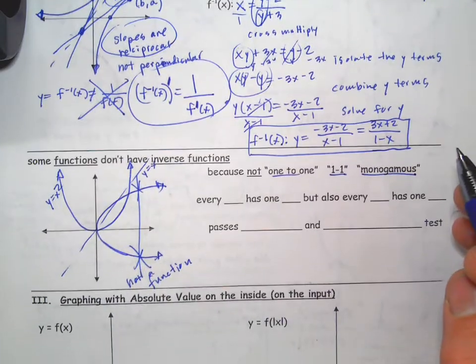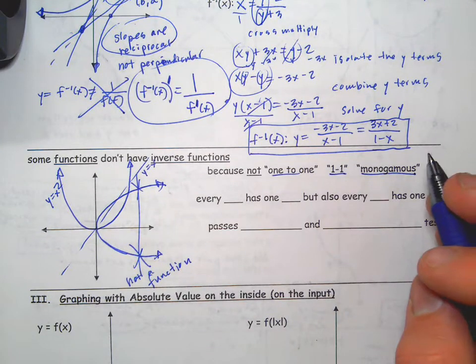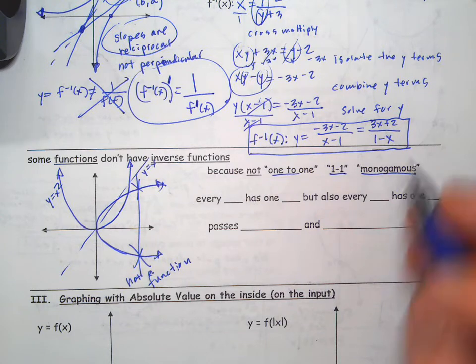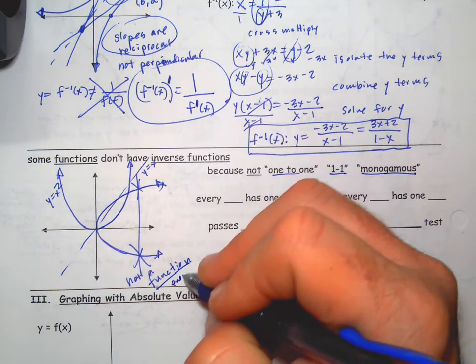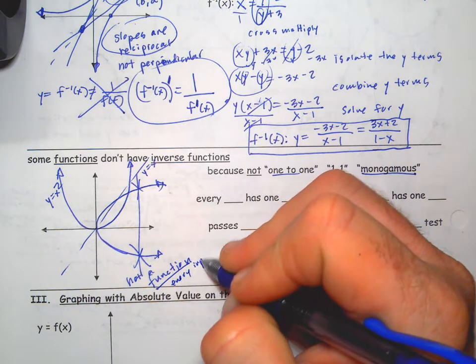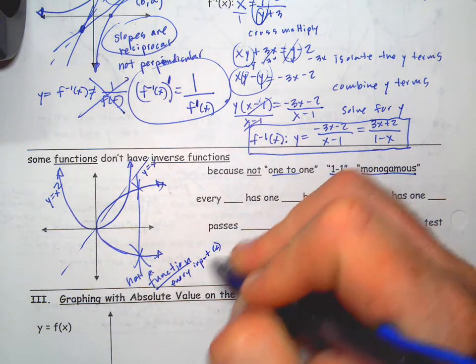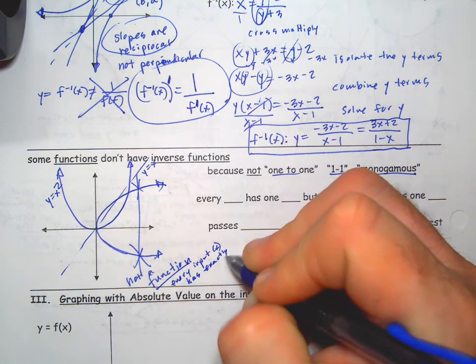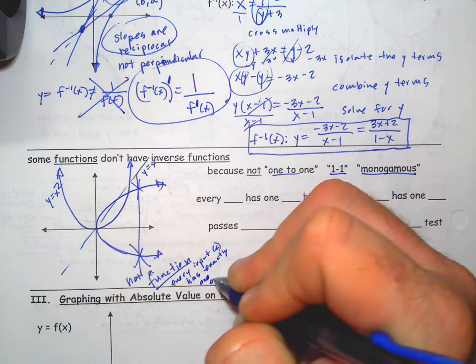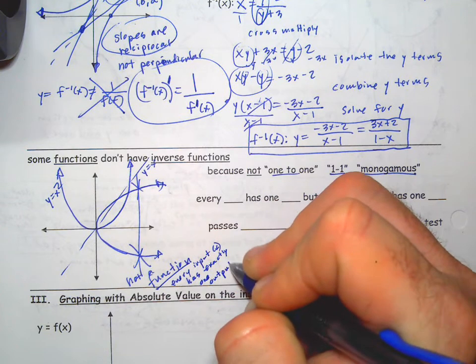Now, functions in general, the definition of a function is that every input, which is an x value, has exactly one output, one y. Okay?